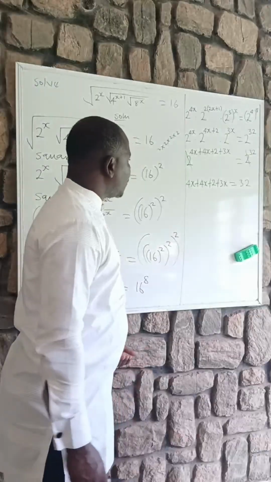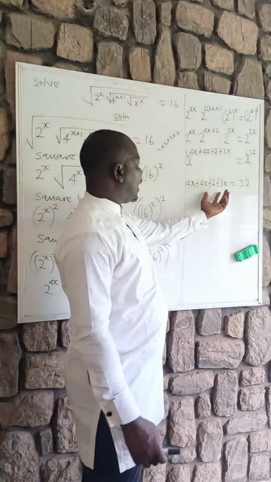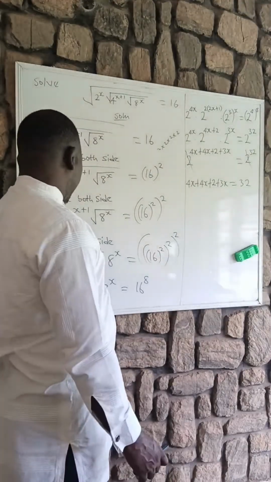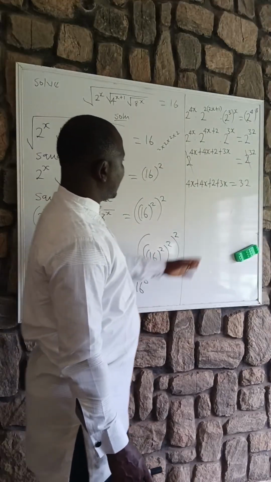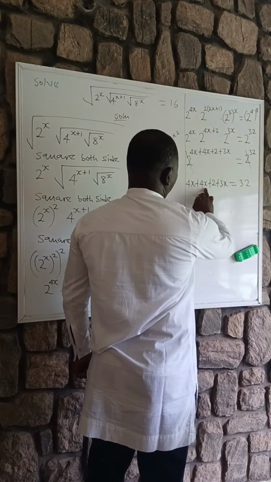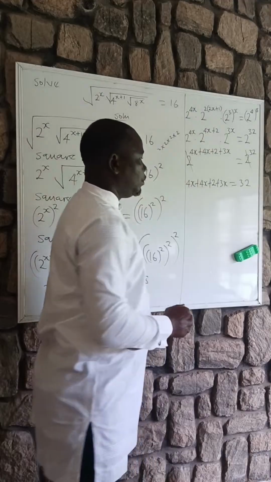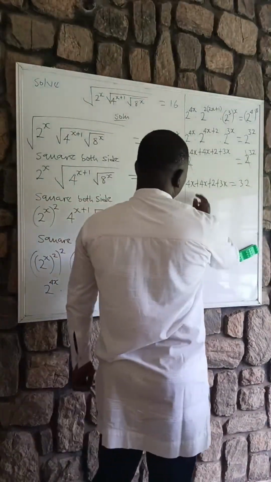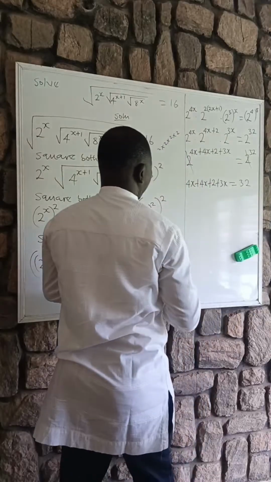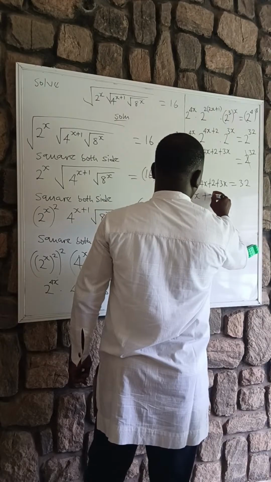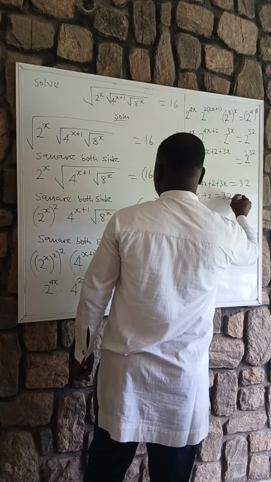So we are going to collect like terms. We can have 4x plus 4x is 8x, plus 3x. We are going to have 11x plus 2 equals 32.